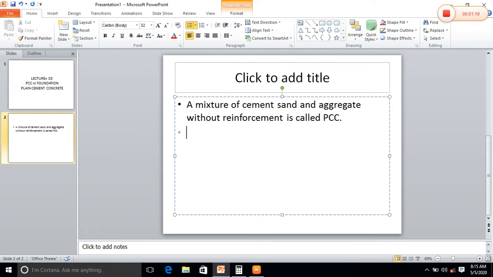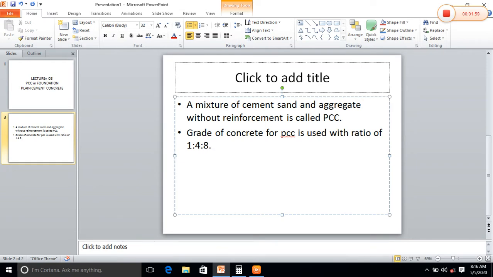Okay, so generally the grade of concrete for PCC is used with ratio of 1:4:8.